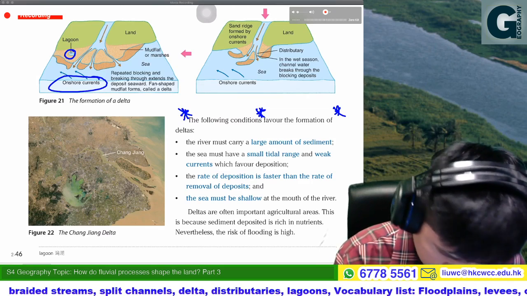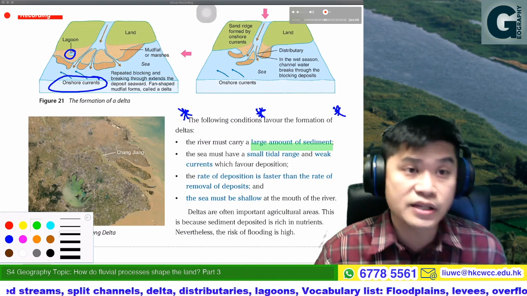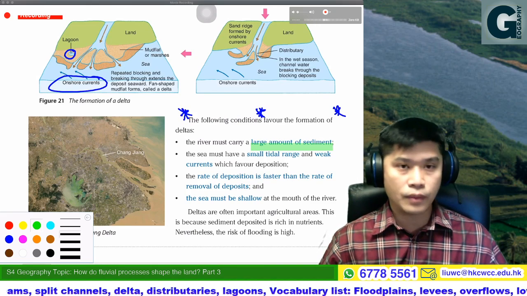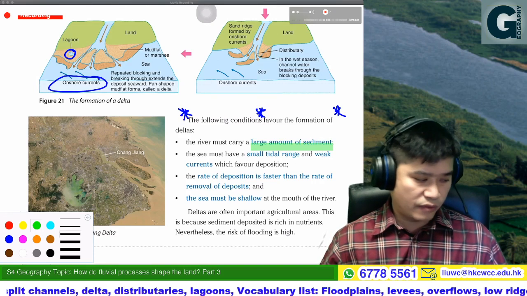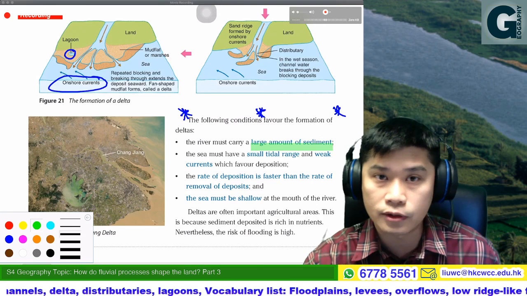The first one, there must be a large amount of sediment, 一定要好大量嘅搬運物喺條河入邊. So therefore that may favor the process of deposition. That would be the first one.